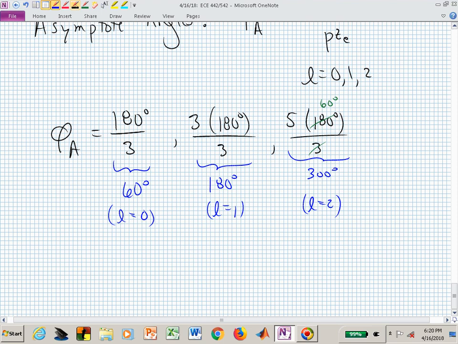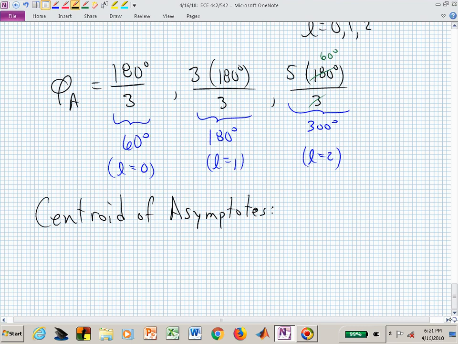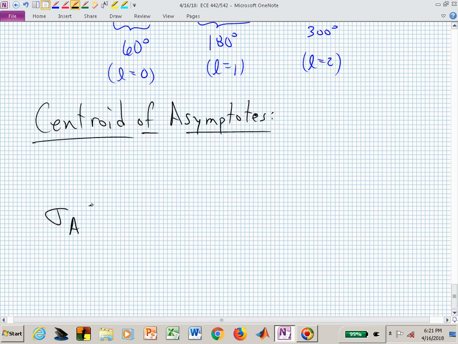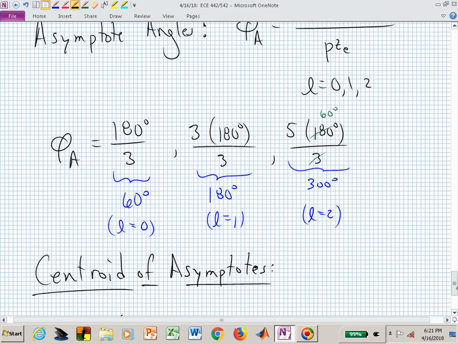And what's the centroid? We now have this pattern of asymptotes, one at 60, one at 180, and one at 300. We want to know, where do we pin that on the real line? And that's determined by the centroid. And for the centroid, I just sum up all of my pole locations. Where were my poles located?